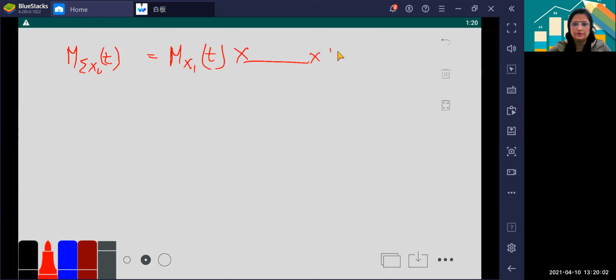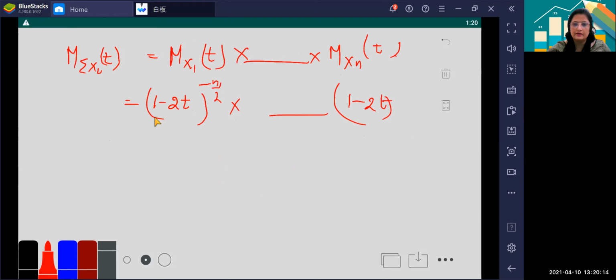it is given by m of summation xi at t, which will open into a product, up to into mxn t. So all are independent. So the first value will be 1 minus 2t raised to power minus n1 by 2, and the last value will be 1 minus 2t raised to power minus nk by 2.